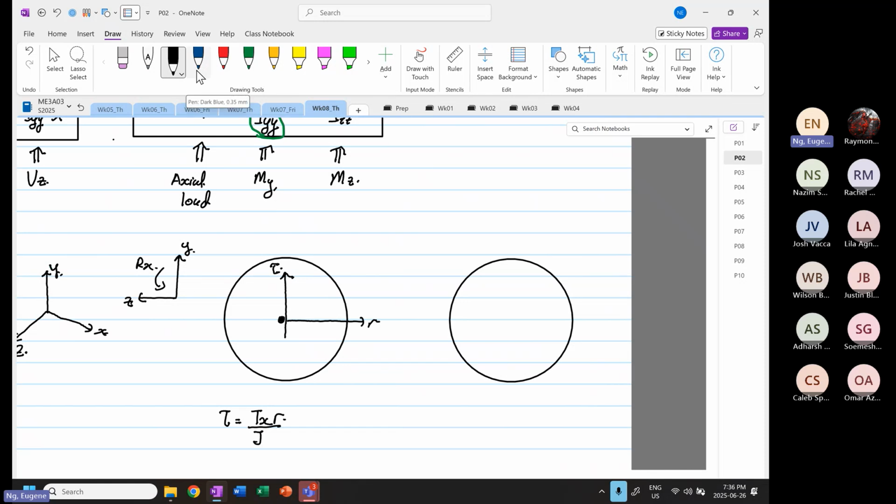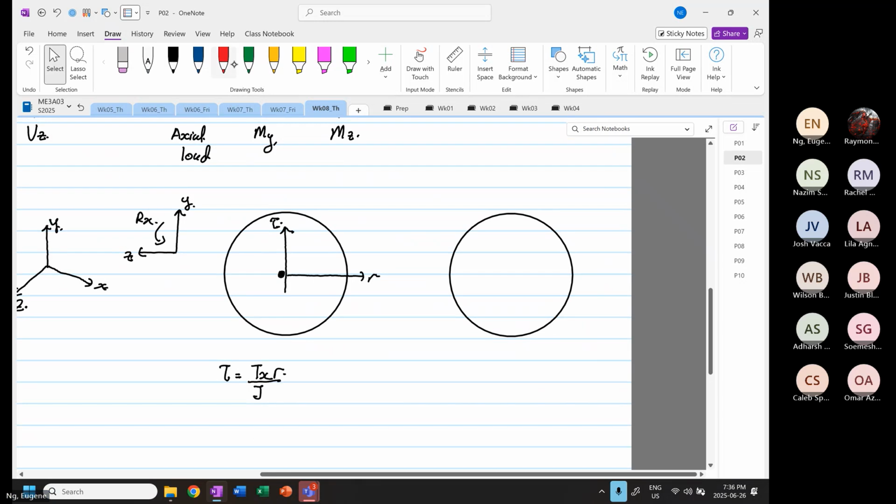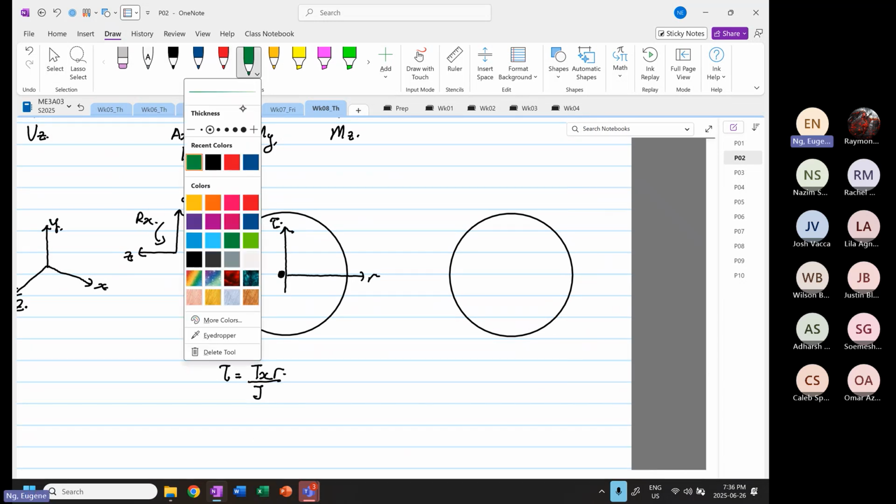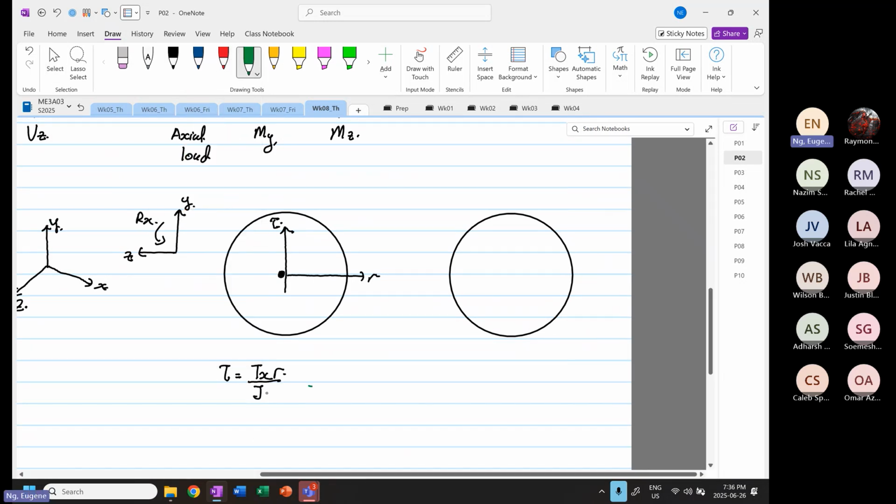Tx r over J. We know the term over here, Tx over J, this term over here is constant, right? It will not change at all. And J, or let me define.